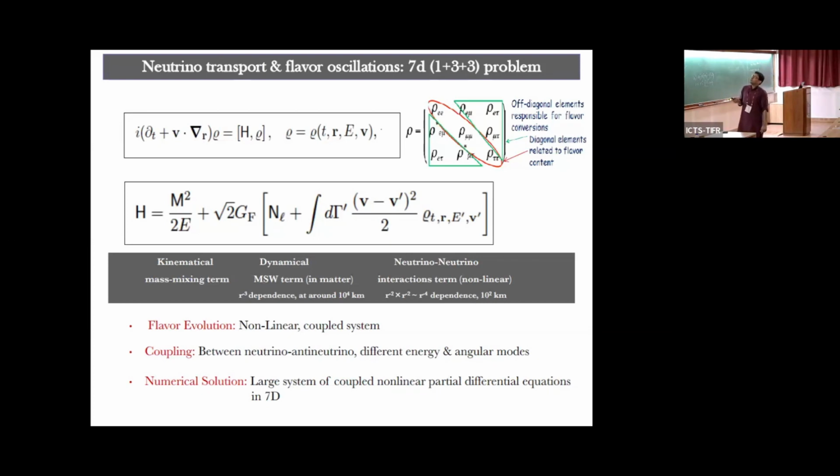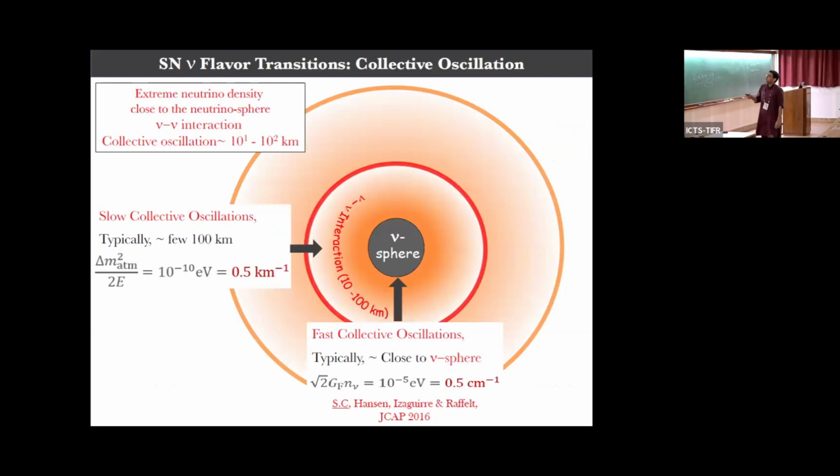v is basically the velocity in the evolution equation for a test neutrino. v of course tells you the direction of the neutrino, and v dash covers all other neutrinos, because you are integrating over them, which can interact with your test neutrino. Just imagine you have one neutrino coming out from here, and all other neutrinos from different points which can interact with it.